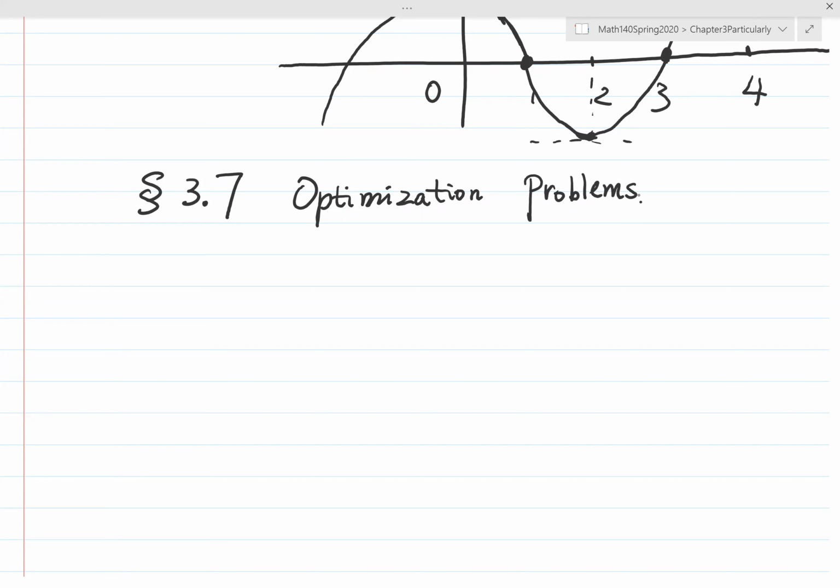Also, in machine learning, sometimes you need to do optimization to find the best possible solution. Let's see some examples of how we use optimization.